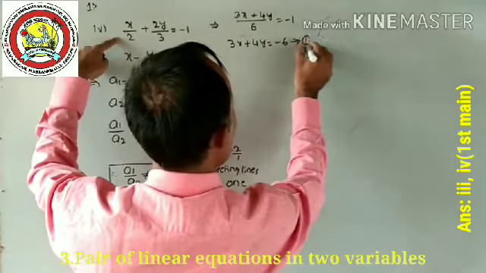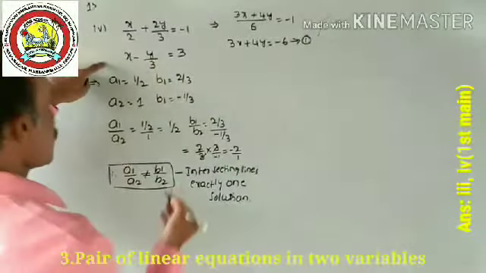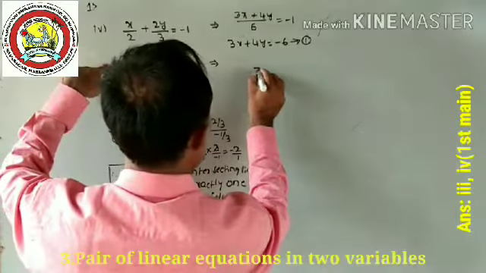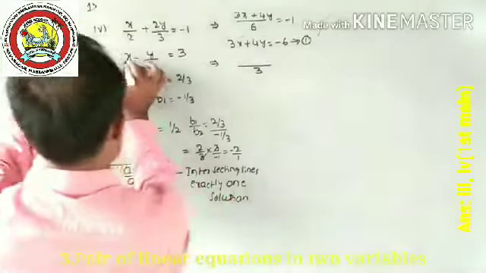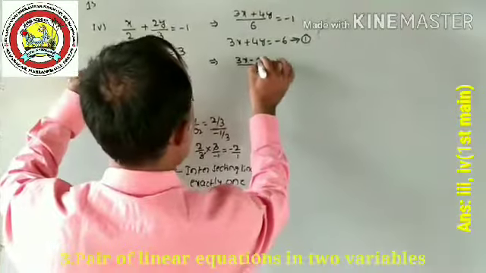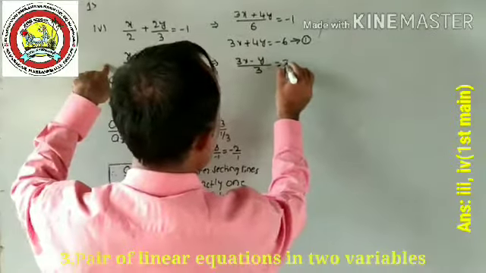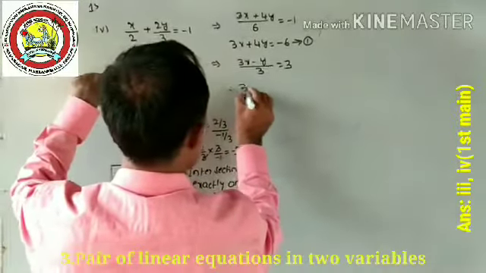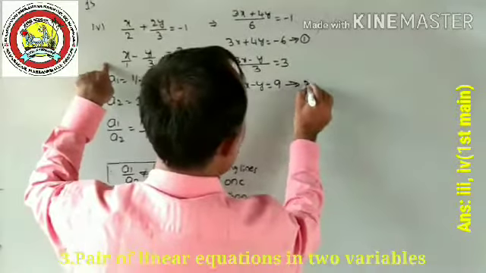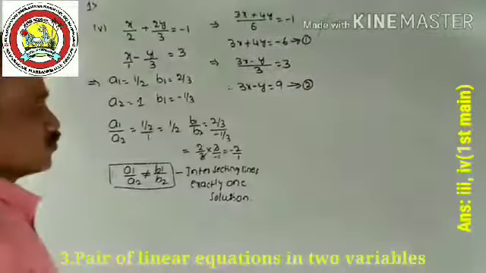Call this equation 1. Coming to the second one, take the LCM 3: 3x minus y is equal to 9. Call this equation 2.